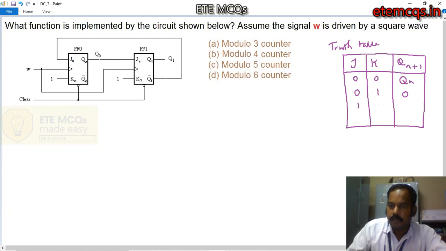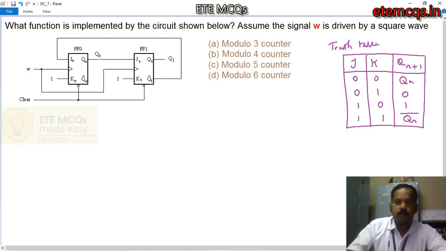When J is 1, K is 0, Q of n plus 1 is 1. And when J is 1 and K is 1, the present state Qn toggles, that is, it gets inverted. If Qn was 0, then when J and K both are 1, the output becomes 1. That is, the present output toggles.